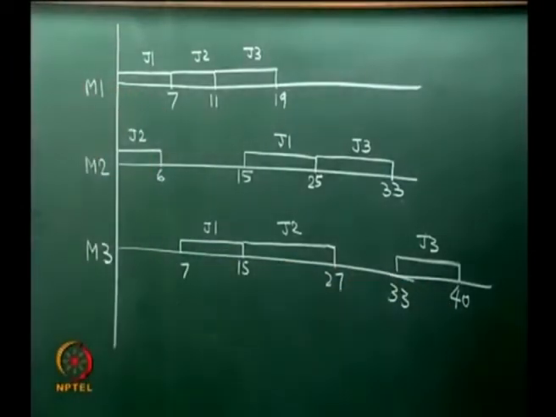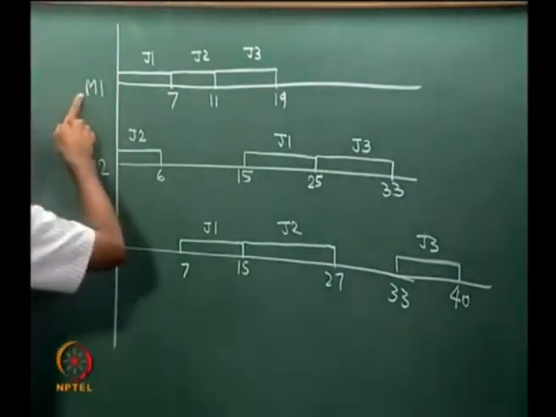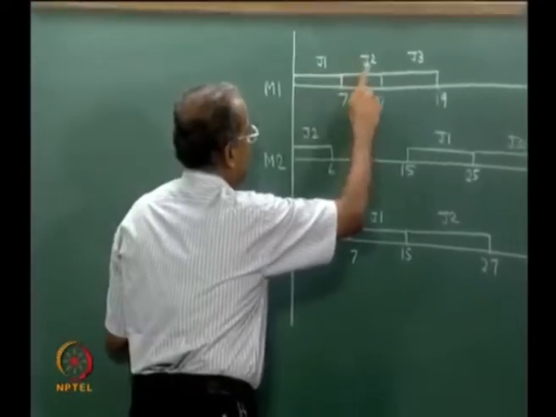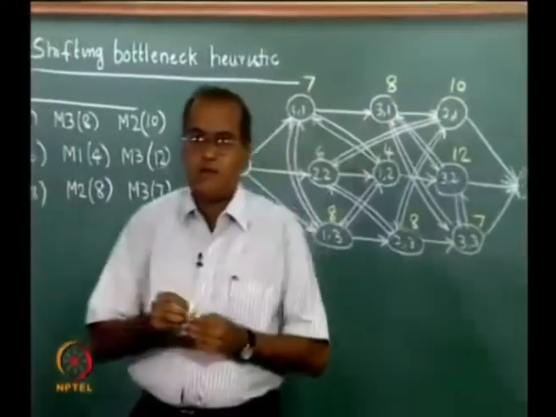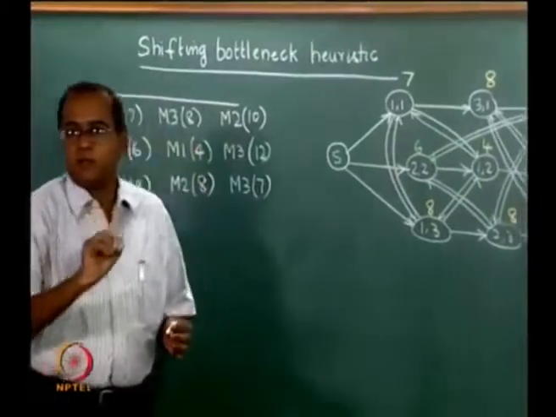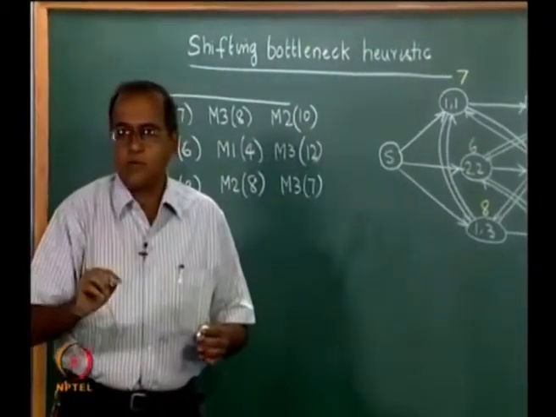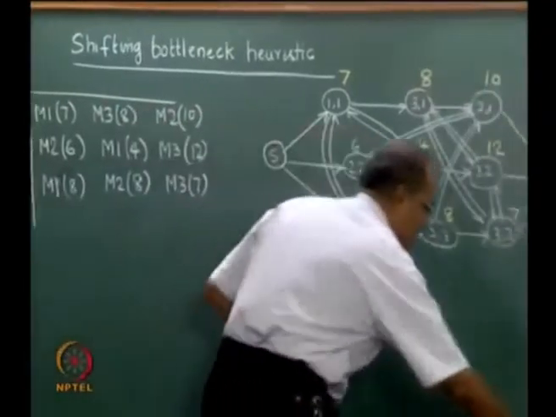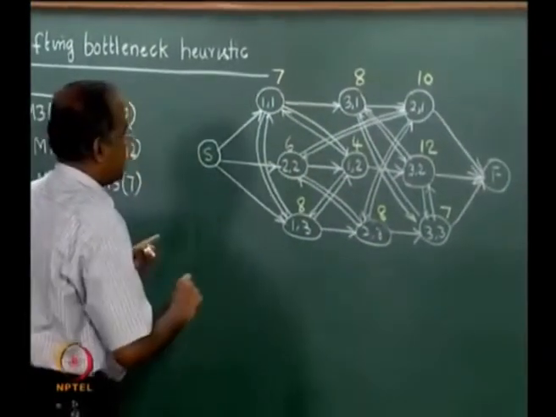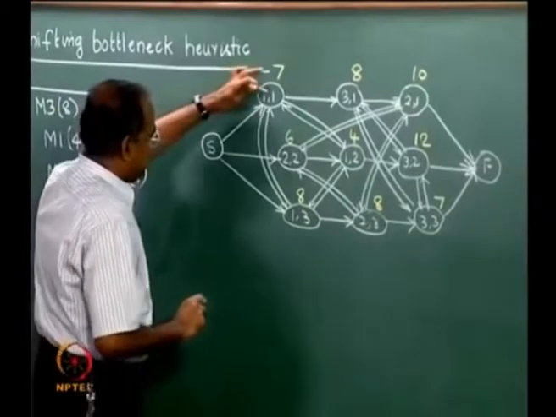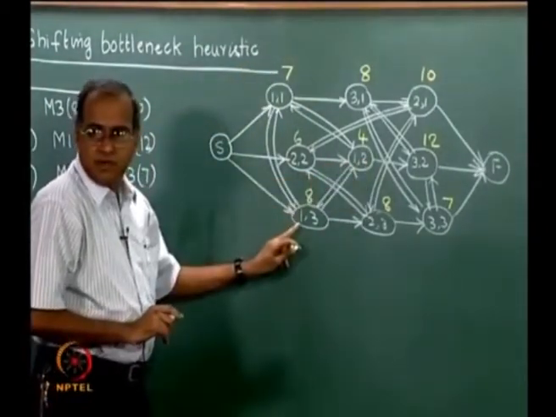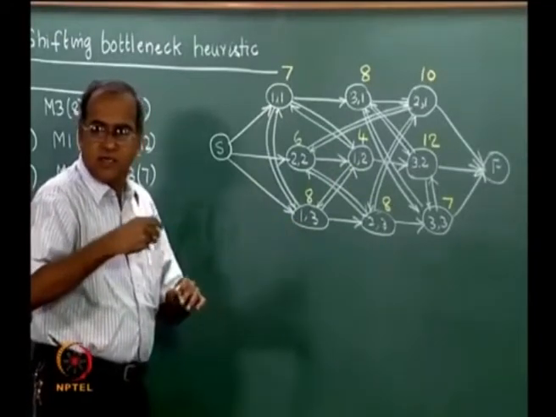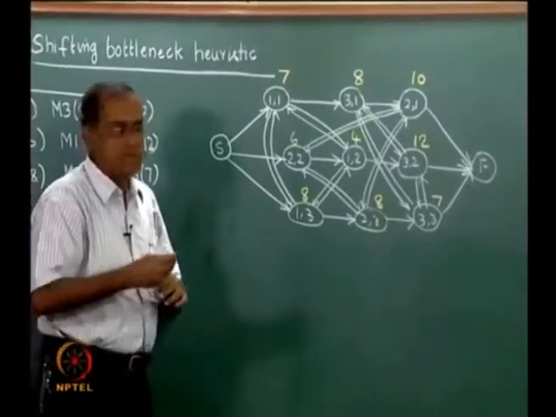More importantly, for the SPT schedule, M1 is taking the jobs in the sequence J1, J2 and J3. So, let us try and match that here, where M1 is taking them in the order J1, J2 and J3. So, this is done first, then this is done, then this is done. So, M1 is taking first J1, then J2, then J3.